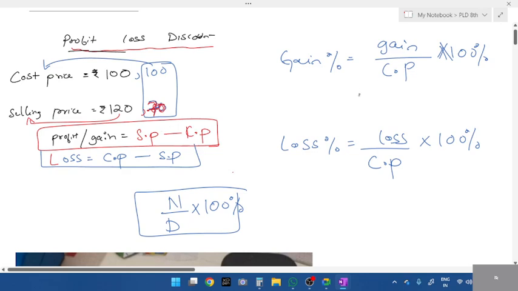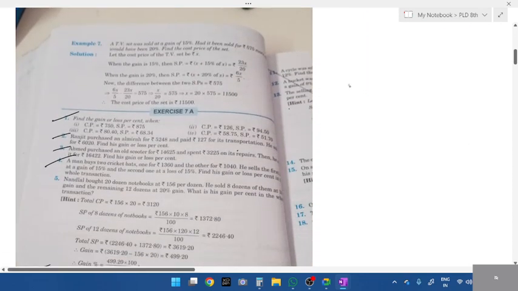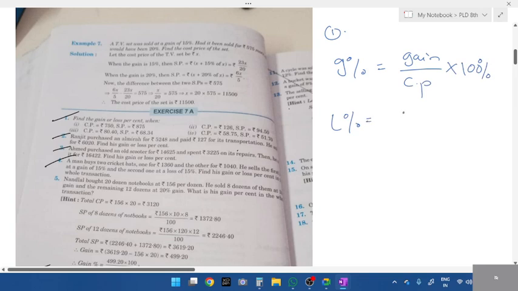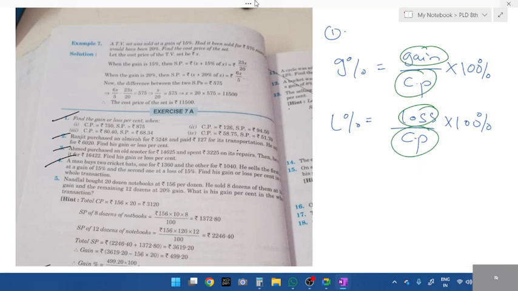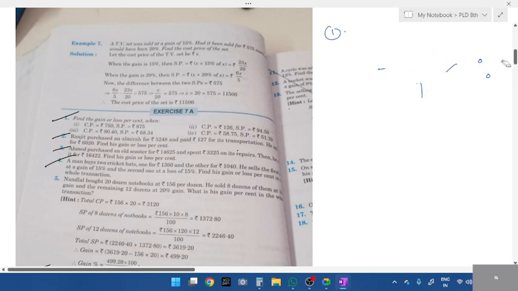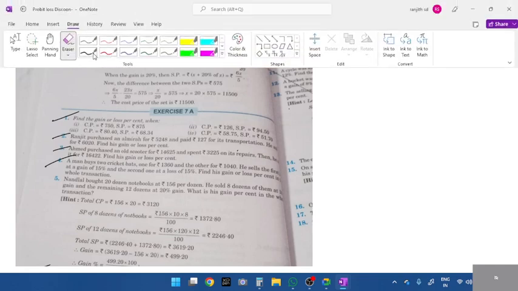You understood? Okay, we'll start solving the question. Look at the first question, students. What do we need to find? Gain percent or loss percent? What is gain percent formula? Into 100%. What is loss percent? Into 100%. In order to find both, what are the things we need, students? We need to find gain and we need cost price, right? We need loss and cost price. Okay, so this is just for explanation. Don't write this. Before finding gain percent or loss percent, we need to check whether it is gain or loss.